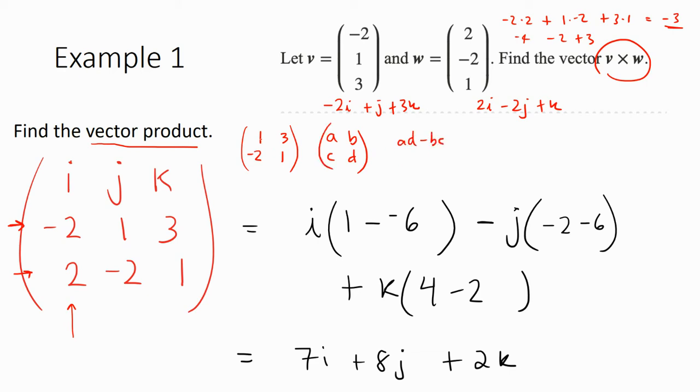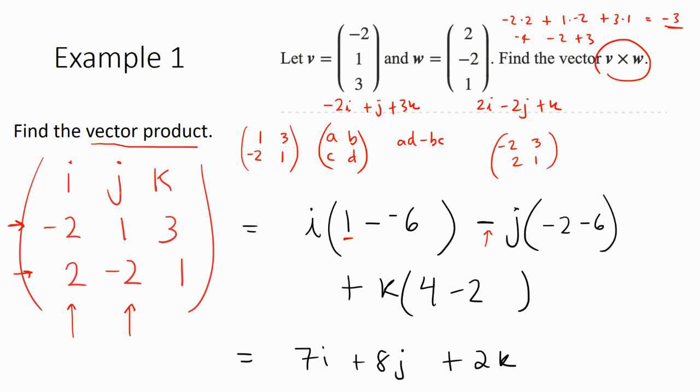So that's why I'm doing 1 times 1, which is this 1, and then minus -6, because 3 times -2 is -6, but we minus that. And then the next calculation we do, we always have a minus for the j component, is now we ignore this j column, and we do the matrix -2, 3, 2, 1.